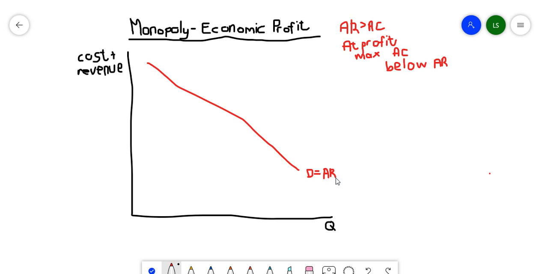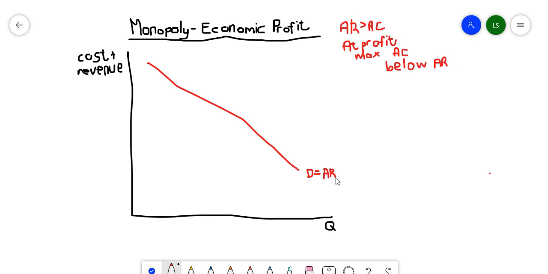So because in the monopoly there is only one supplier, the monopoly's demand curve is the market demand curve. And that is why it has a negative slope. And then remember, we said in all the market structures, average revenue is always equal to the price. So your demand curve also represents your average revenue curve.